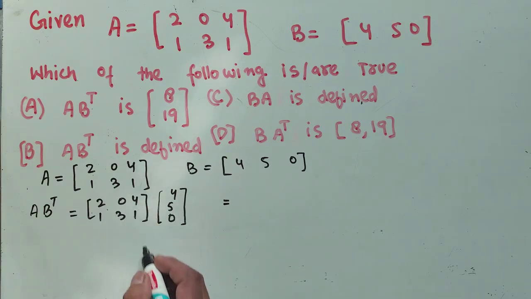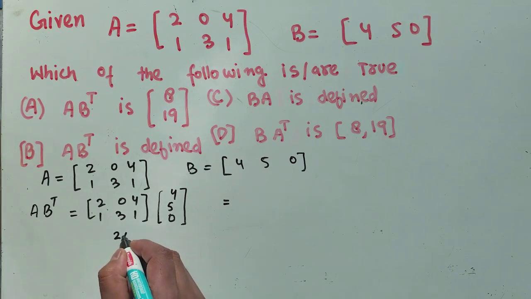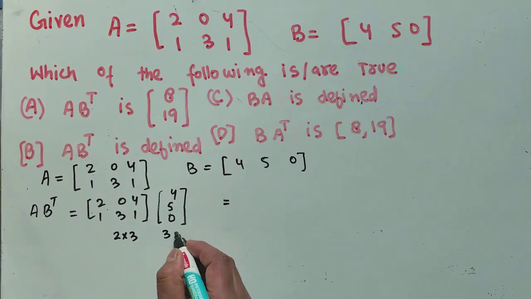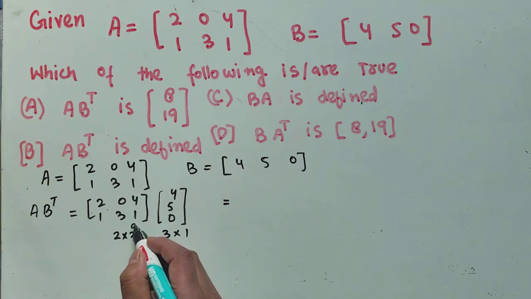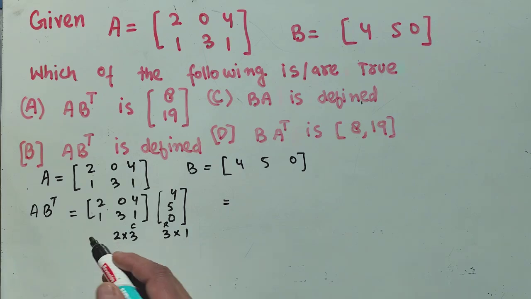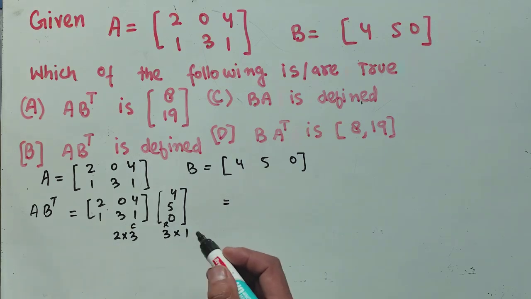So the order here is 2 by 3, and here we have 3 by 1. Since the number of columns is equal to the number of rows, the two matrices are conformable for multiplication. So we can do multiplication.